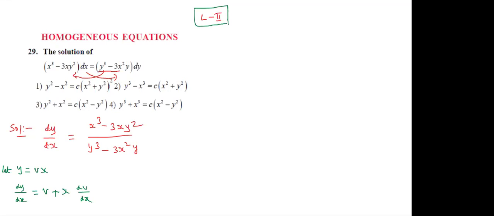Now those values substitute in the question. v plus x into dv by dx is equal to, instead of y substitute vx, x cube minus 3x y square is there.